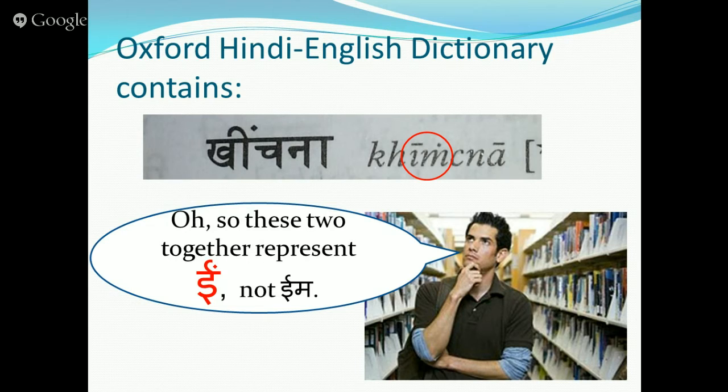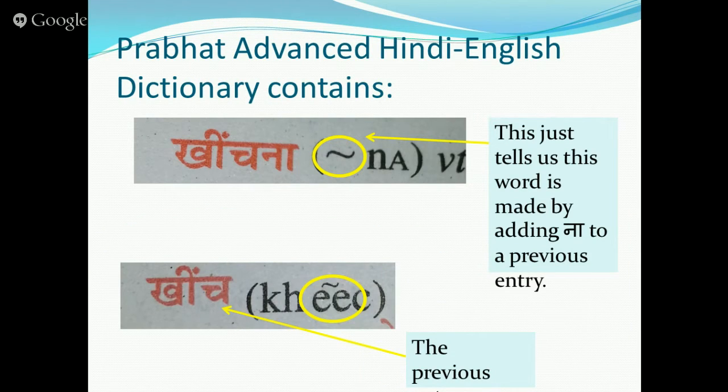The dictionary will clarify what the script is actually trying to tell us, because the script is not 100% accurate. If we looked in Prabhat, Advanced Hindi English Dictionary, we would see this instead. We would see that tilde sign, the wiggly wave, followed by na.